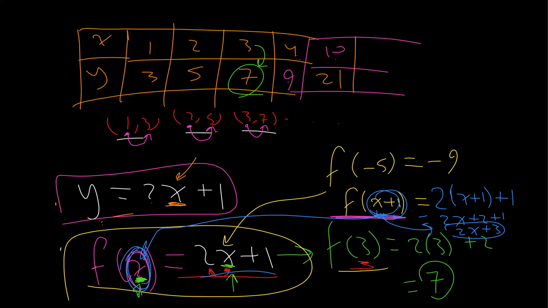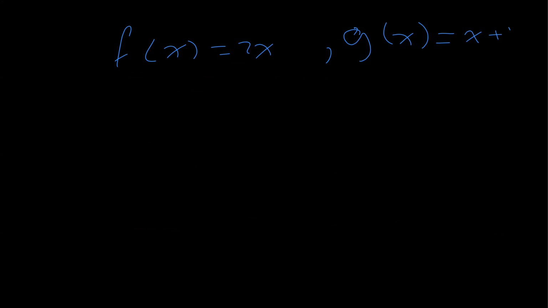Okay, if I tell you now f of x and g of x, I'm going to give you both of them. If f of x equals 2x, and g of x equals x plus 1, then I'm going to give you many questions.